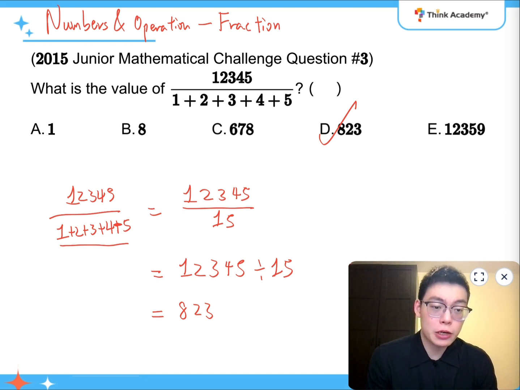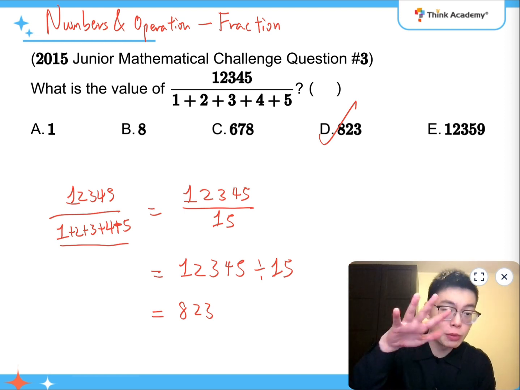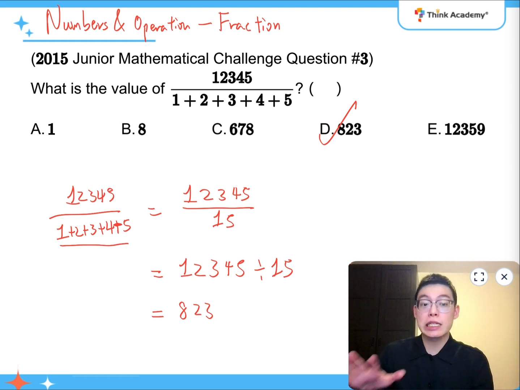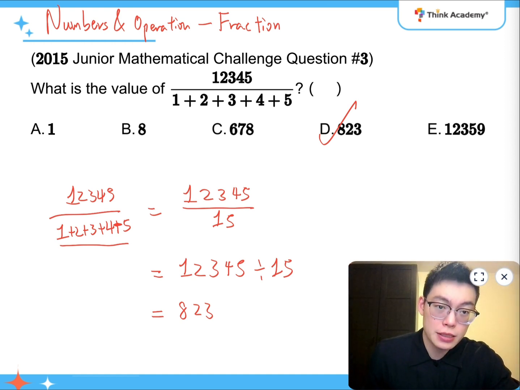Definitely, I would encourage using estimation in this problem. Say 15 times 800 is 12,000, right? So 12,345 divided by 15 is just a little bit more than that. So it's in its 800s. So that's how we can get the answer, okay?